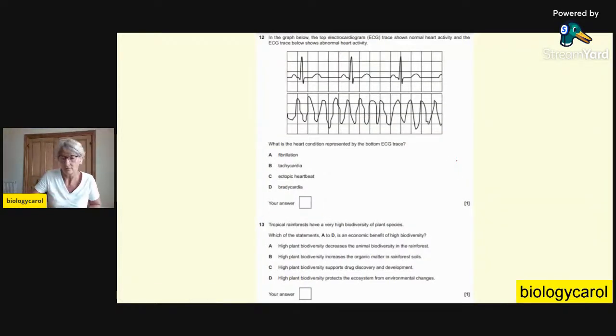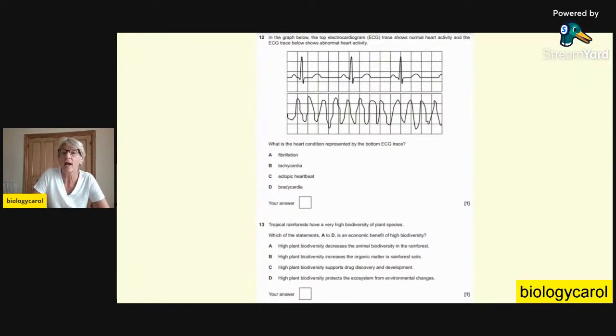Moving on, question 12. In the graph below, the top electrocardiogram shows a normal heart trace, and this one below is an abnormal heart trace. What does the abnormal heart trace show? Fibrillation, I basically think of as where this heartbeat trace has gone all wrong.